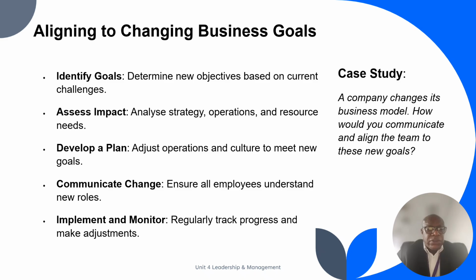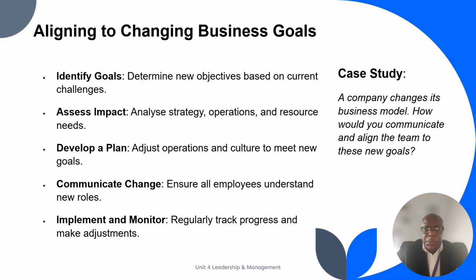Once everything passes go, you implement it. Then you regularly track the progress and make adjustments at intervals. So these are the ways in which we can align changing business goals from what it currently is to what it needs to be.